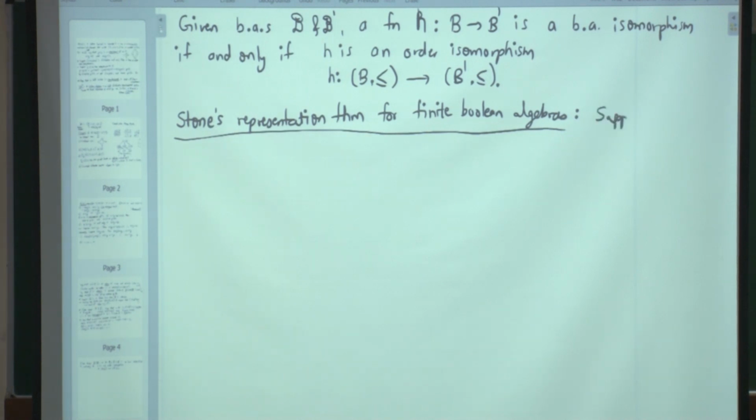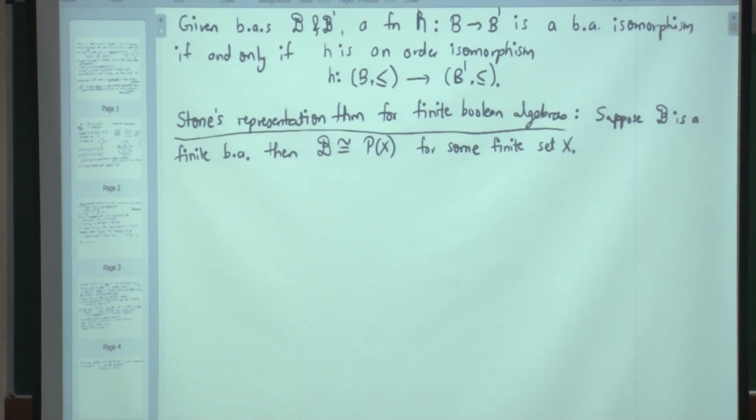Suppose B is a finite Boolean algebra, then B is isomorphic to a power set Boolean algebra for some finite set X. It is a Boolean algebra isomorphism.